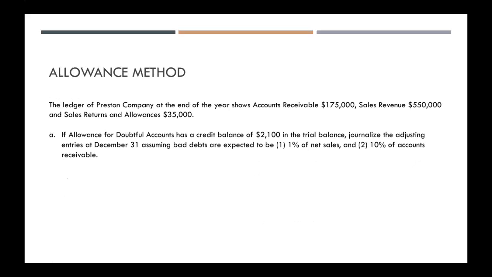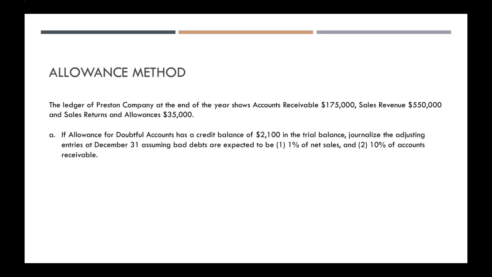Now let's move on to the allowance method. So you learned about the allowance method in Chapter 9. So this is a way for companies to estimate uncollectible amounts, right? In a perfect world, everyone's going to pay you back everything that they owe you. Unfortunately, that's not how it works in the real world, right?